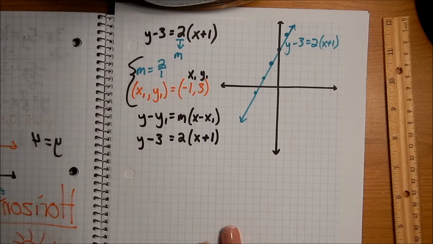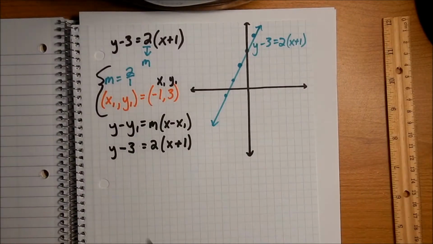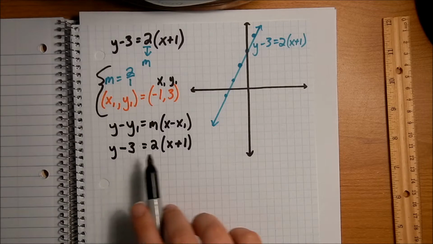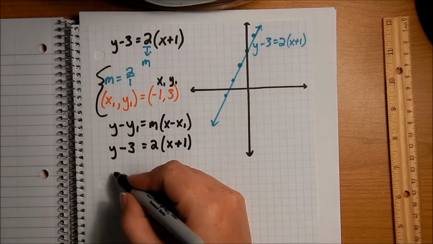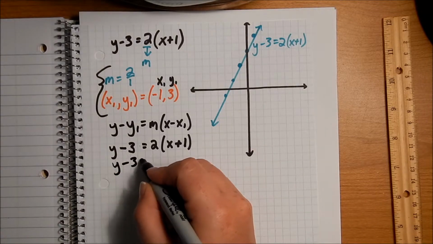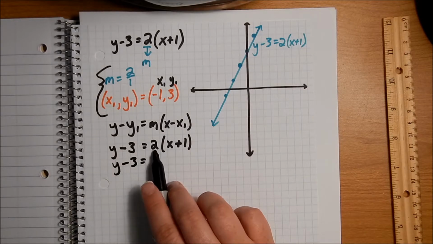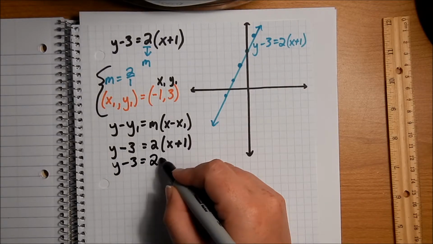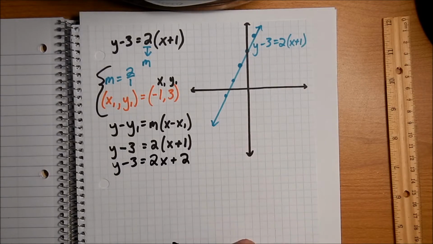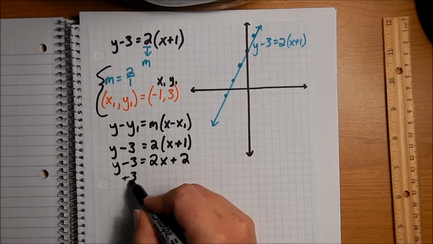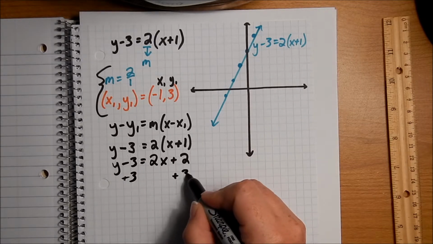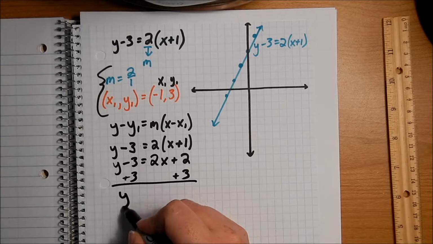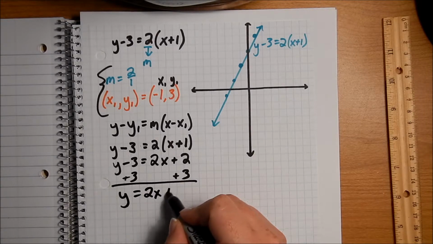So if I want to make it look like that, all I have to do is get the y by itself. So what I want to do first is distribute that 2. So you'd have y minus 3 equals, now remember when you distribute you have to go to both terms, so it'd be 2x plus 2. And now I would just have to add 3 to both sides.